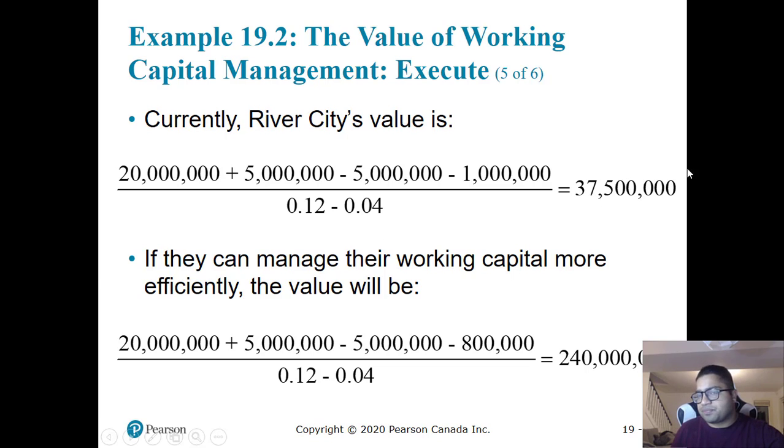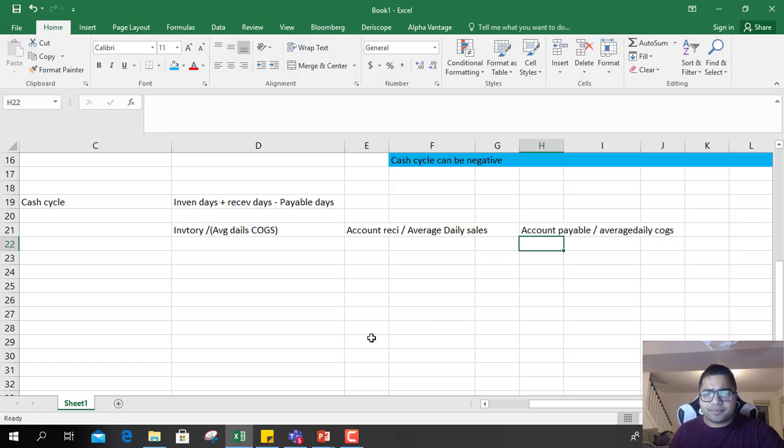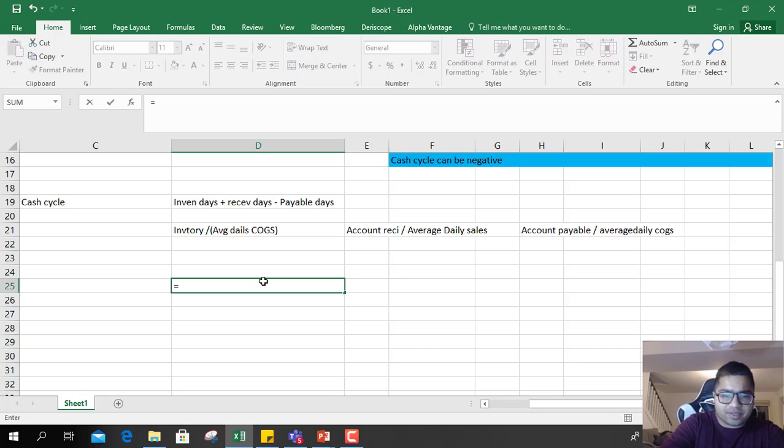If they manage their working capital more efficiently, instead of 1 million, you now spend 800,000, so your firm value increases. But I think they have made a mistake in the stated number, so let's compute that.